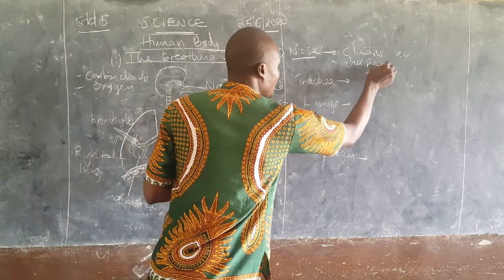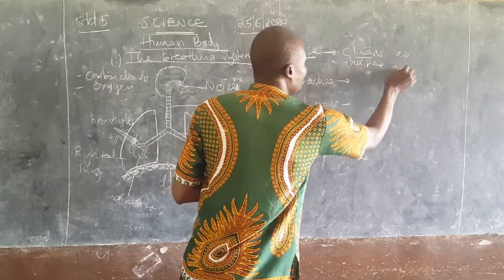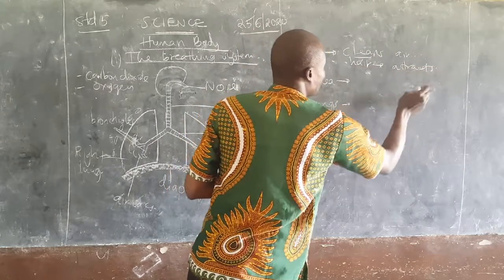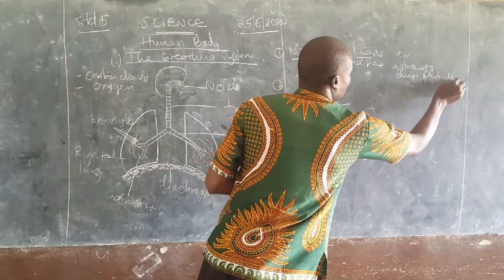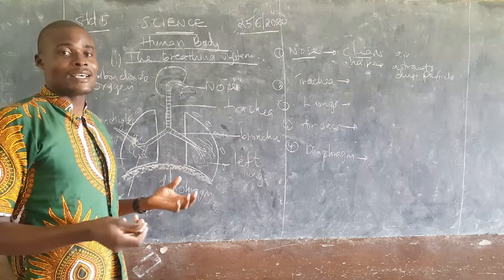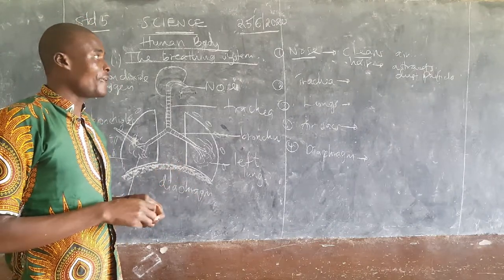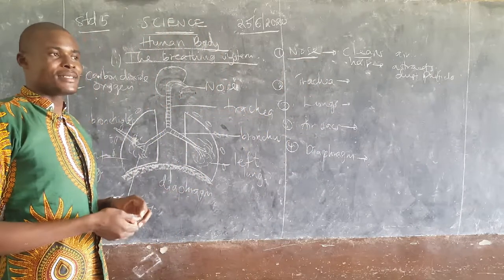So the nose has hair, and the hair in it helps to clean, to attract. It attracts dust particles. So when it attracts, automatically it does the cleaning aspect. And then it also has mucus. The nose as well has mucus.